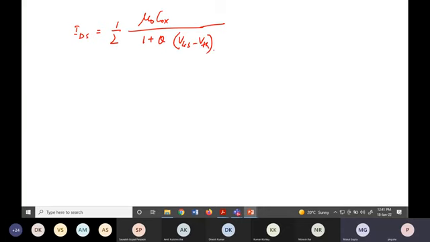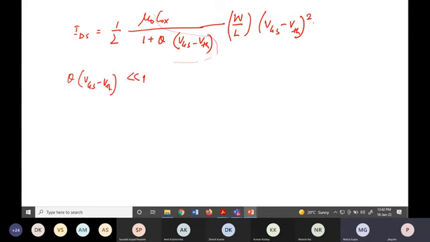If we replace mu with mu naught over 1 plus theta (VGS minus VTH), and then assume that theta (VGS minus VTH) is much less than 1, then we can basically simplify it by neglecting higher order terms.